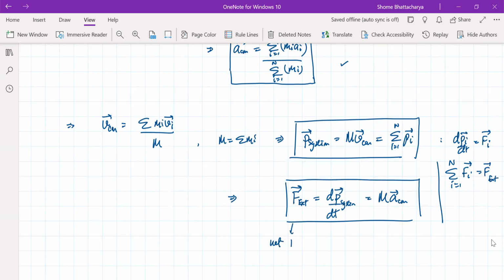So net external force equals rate of change of momentum. This is Newton's second law applied to a system of particles.